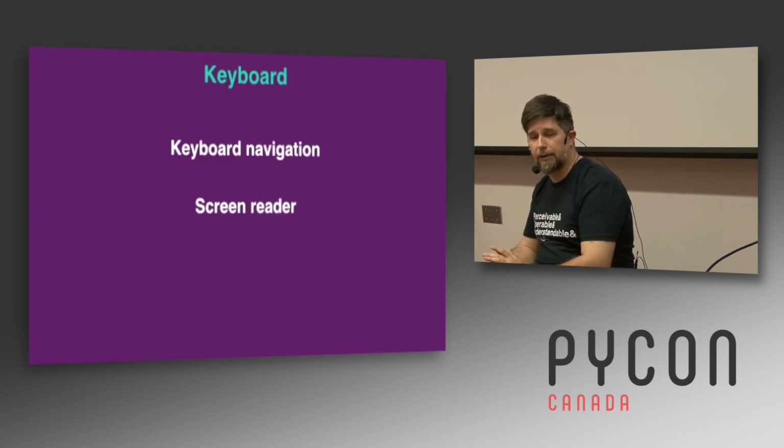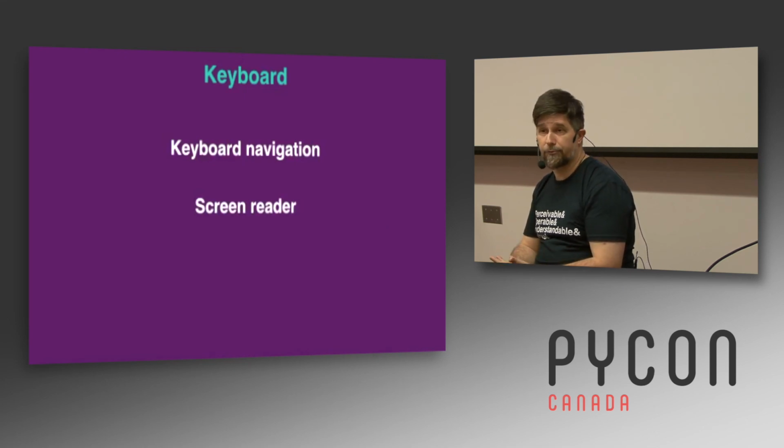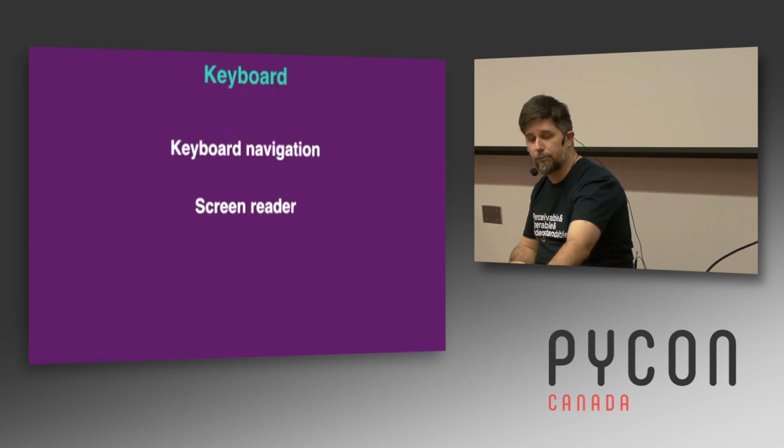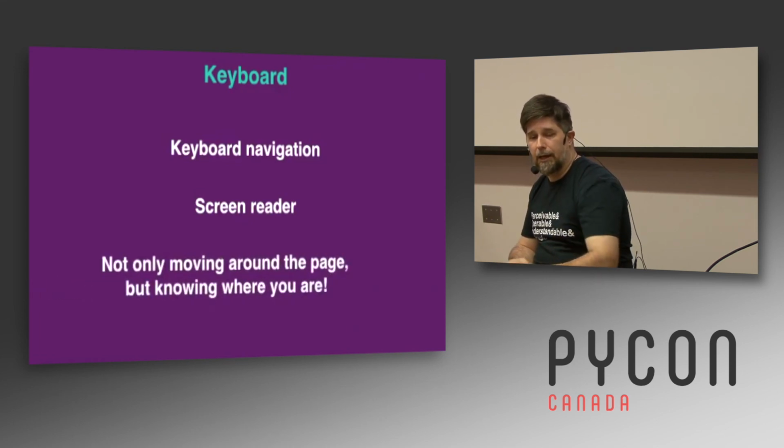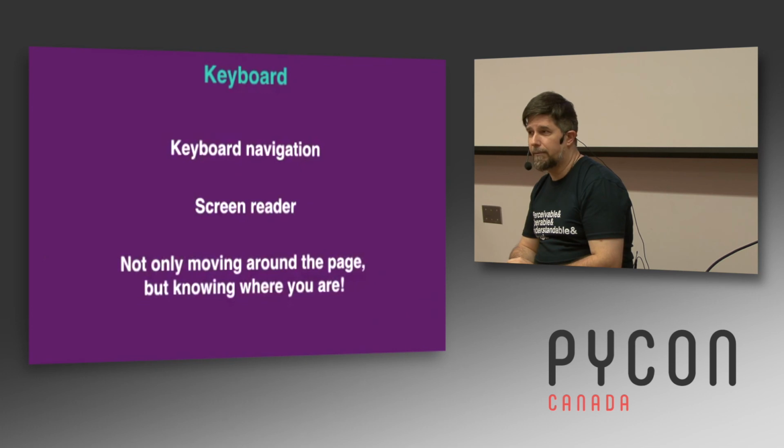We're talking about screen readers. The way people using screen readers interact with a website is through the keyboard, so it has to work for that. And it's not only about moving around the page, but it's also being able to see where you're at on a page.